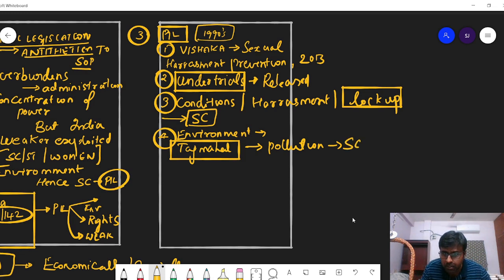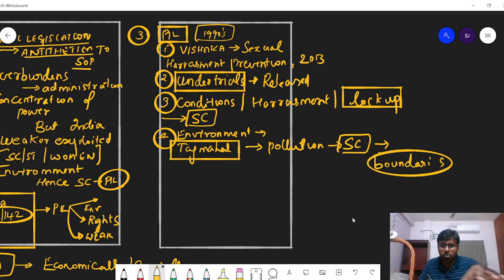The Supreme Court said industries now have some boundaries, if there are any industries near the Taj Mahal, now they have limits for emission of waste and discharge into the Yamuna. So it is PIL.